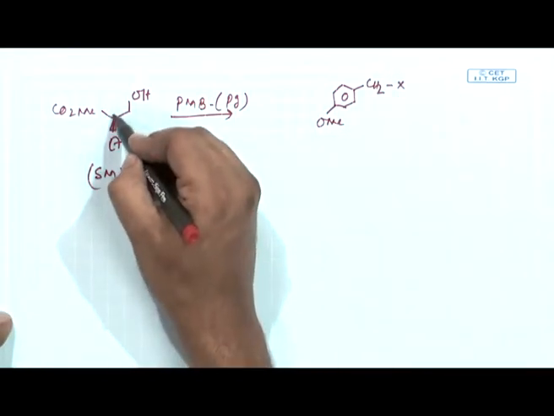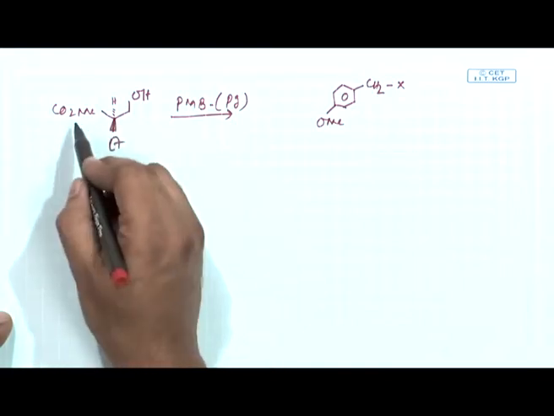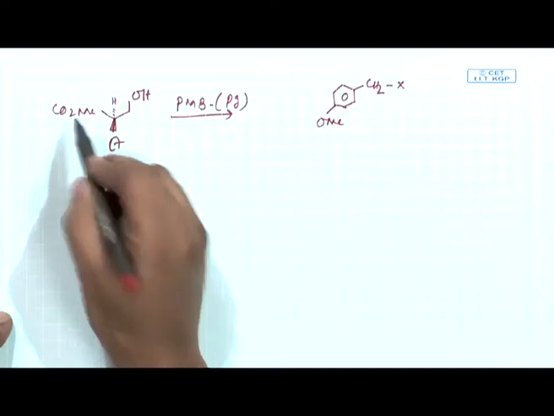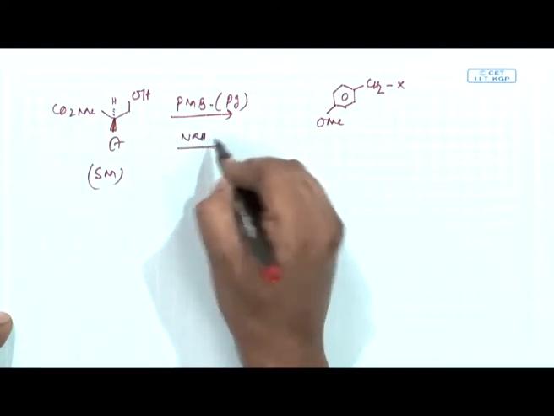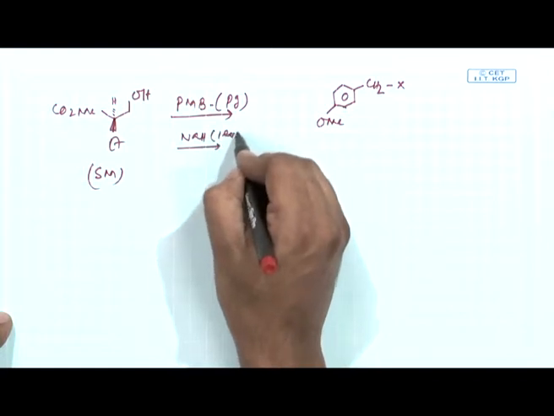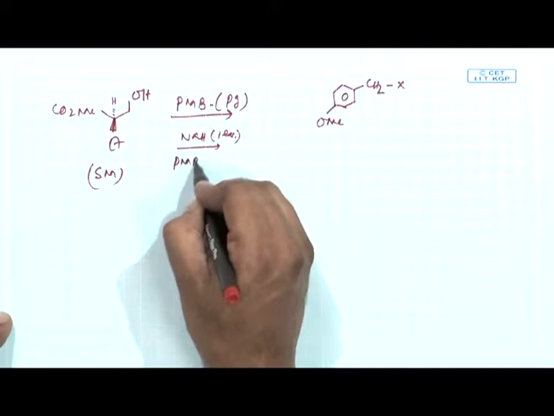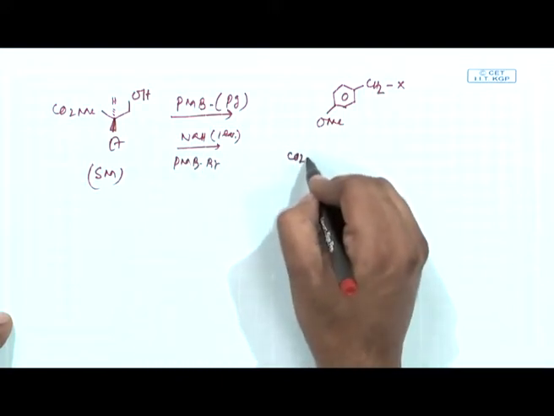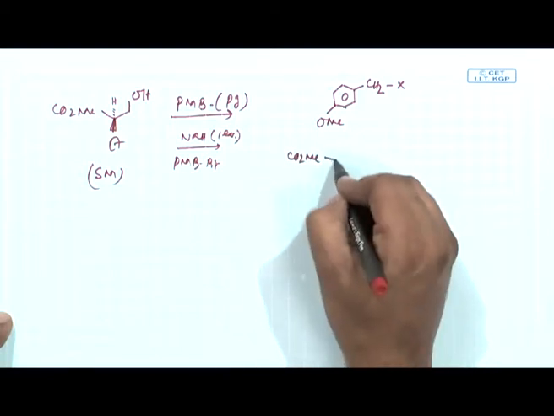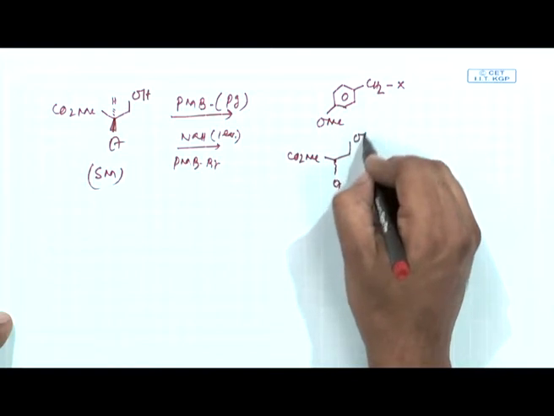Now, here if you analyze this compound, the stereocenter having a hydrogen seems to be acidic due to the electron withdrawing effect of the CO2Me group. So, normally if you try to protect by a standard base mediated reaction with one equivalent of sodium hydride and PMB bromide, you will definitely get the protected compound.